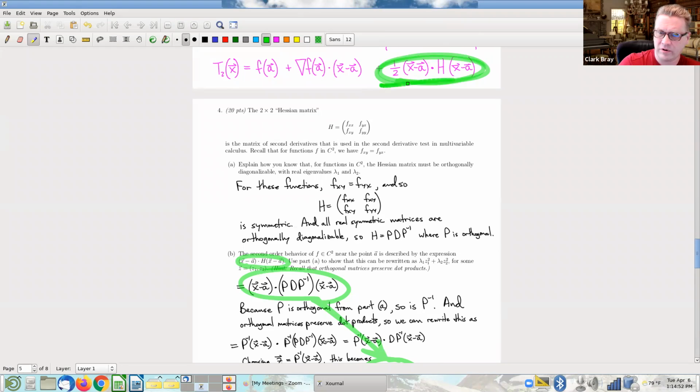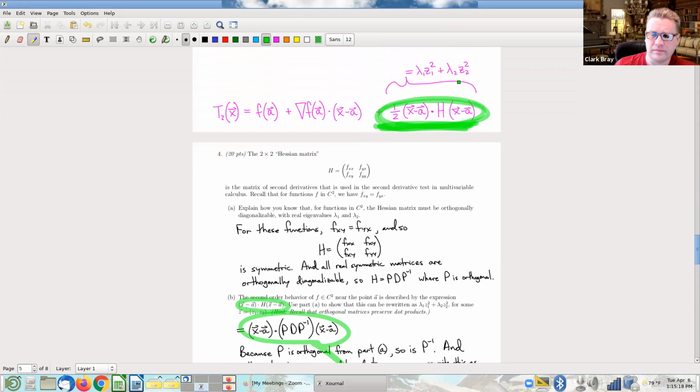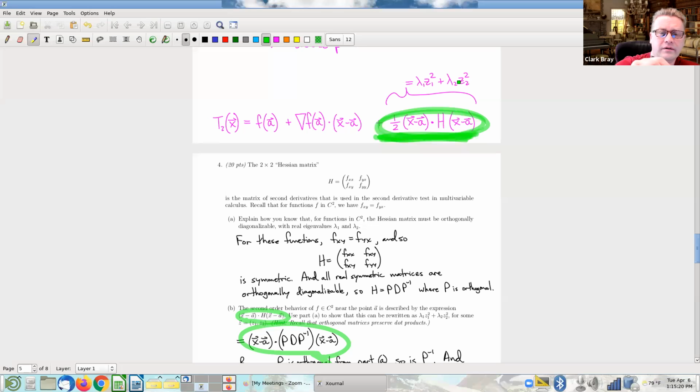So the second order behavior of my function is described by that expression with lambdas and z-squareds. And that has a very nice, very simple form. You can see the squares right in there. The squares are always positive. We're going to be able to draw some nice conclusions about this second order behavior by simply knowing that it's equal to that.